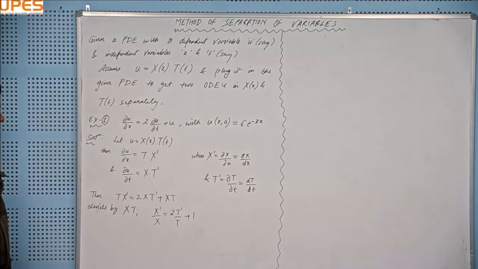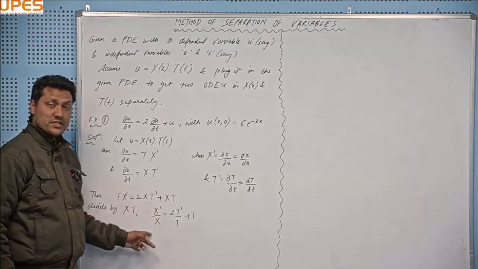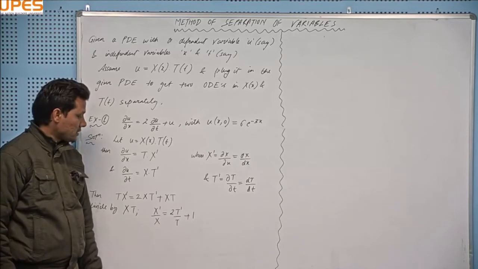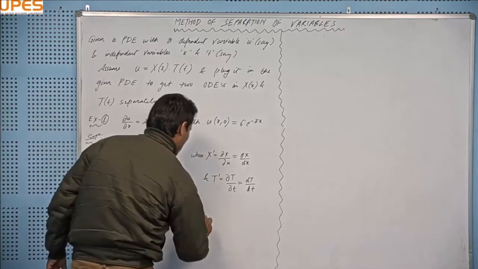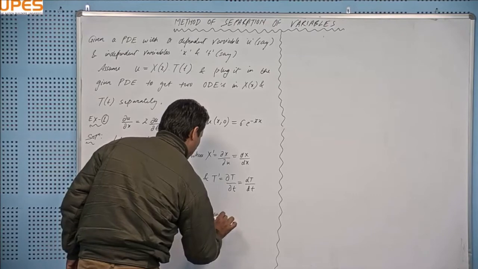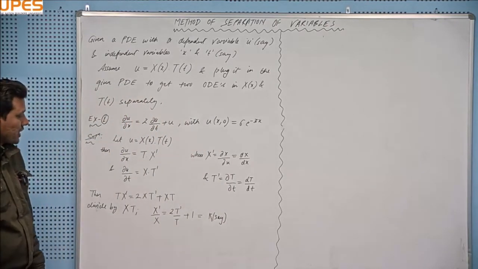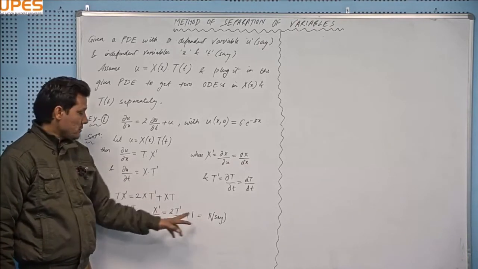And now you can see that the left hand side is a function of x and the right hand side is a function of t. And let me assume these two ratios equal to some constant k, say.